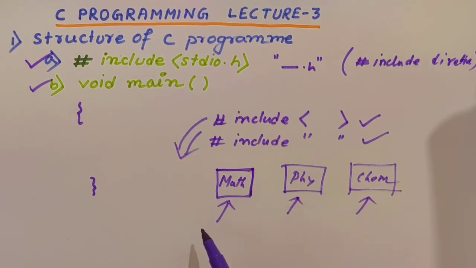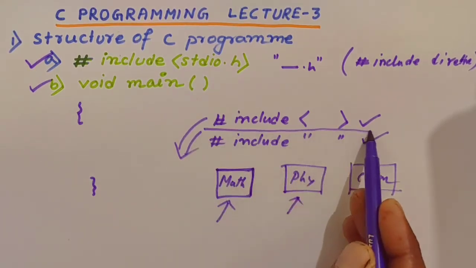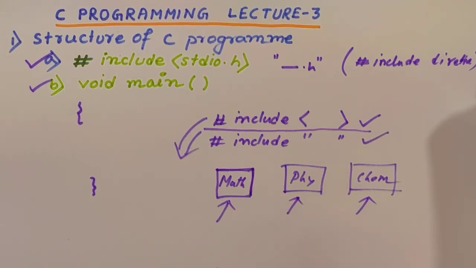Now similarly in a C program, this line says which library you want to include. This line is the header line.